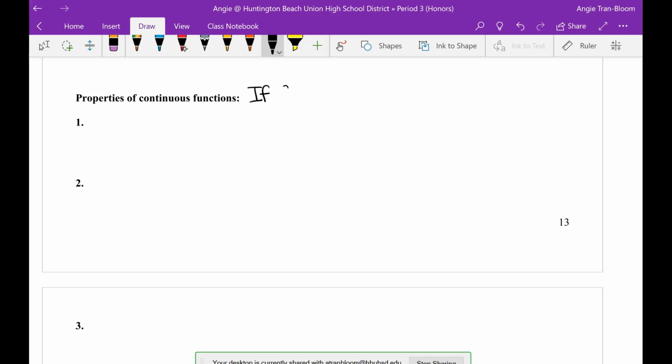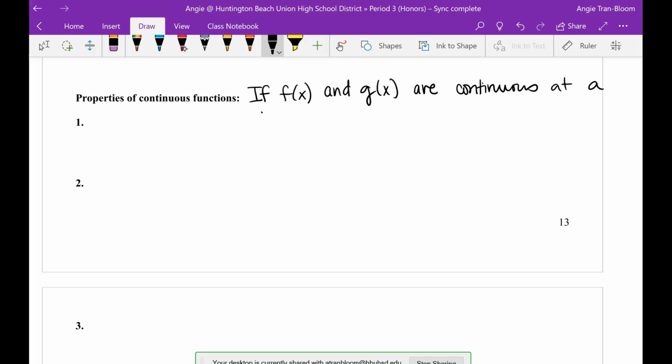If f of x and g of x are continuous at a point, let's call this point x equals c, then, here we go.